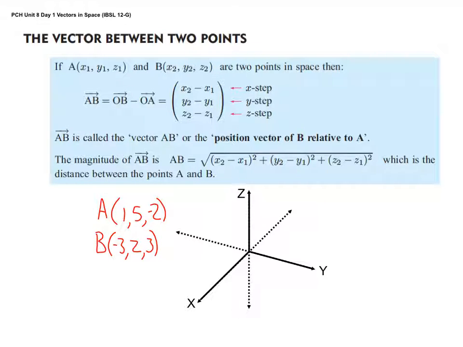If we have 2 points, A is the point x1, y1, z1, and B is the point x2, y2, z2, okay? Then when you are trying to find the vector from the one point to the other, you always take the coordinates of the point you're going to, and you subtract the coordinates of the point you're coming from.